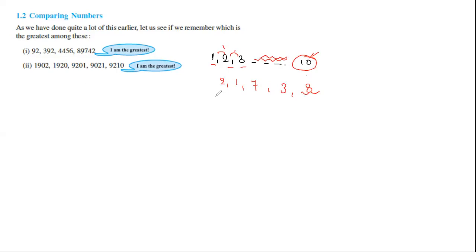You will look carefully: 2 comes after 1, so out of these 2 is greater. But when I compare 2 and 7, 7 is the greatest. Comparing 7 with the next number, still 7 is the greatest. Then I compare 8 and 7, so 8 is the greatest number. One by one, by checking like that, we come to the conclusion that 8 is the greatest number.